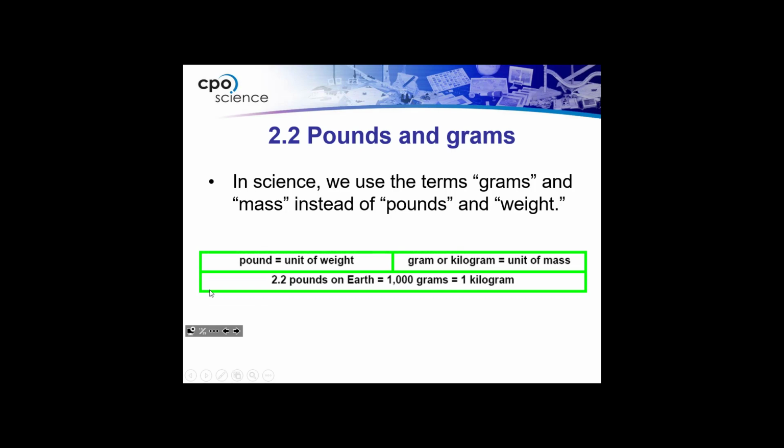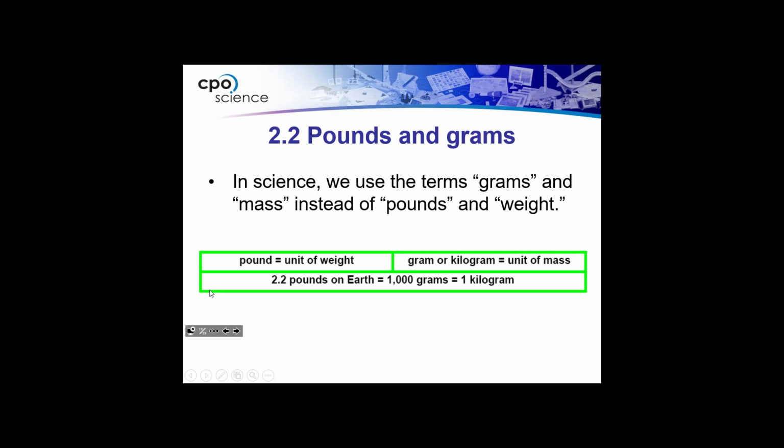All right, pounds and grams. In science, we use grams and mass instead of pounds and weight. Grams are our base unit for mass. Pounds is the American version, along with weight, so that's just how it works.